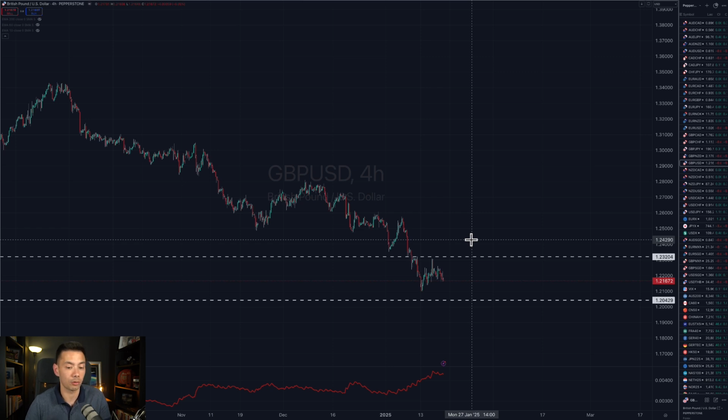I looked at my currency scorecard at the weekend, and it is looking bleak for everything other than the dollar. Even if things in the world aren't so great, the US dollar will strengthen anyway because it's a bit of a safe haven currency, right? So from that perspective, I think the US dollar is going to be one of the stronger currencies, at least for the first quarter of 2025.